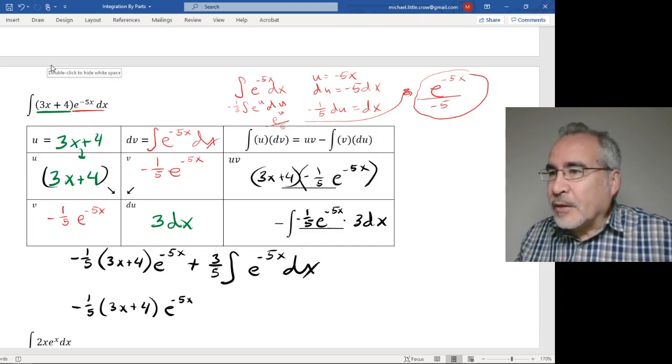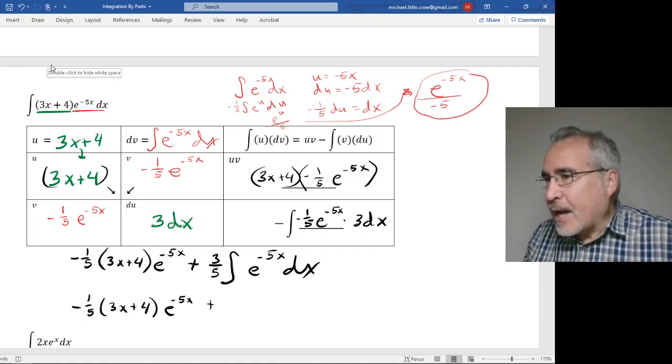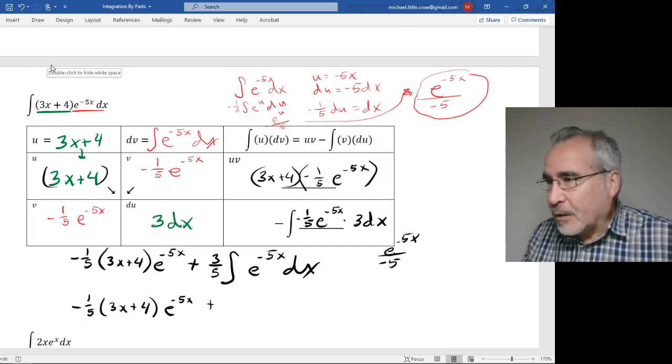Okay, and so now we're going to get 3/5, right? 3/5 just comes along, but remember when we integrate this, we've already done this up here. We're going to get a minus 5 coming off, right, in the denominator. Because this is going to be, remember, e to the minus 5x over minus 5, and then we're going to multiply that times 3/5.